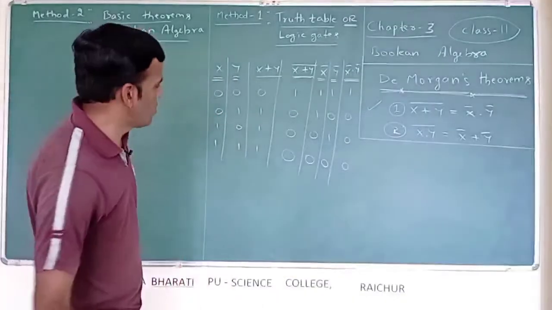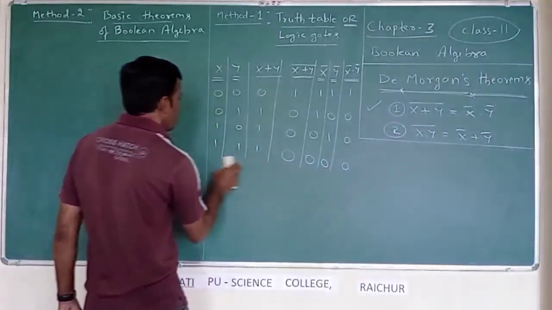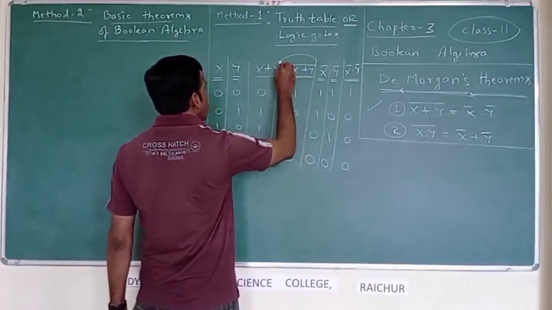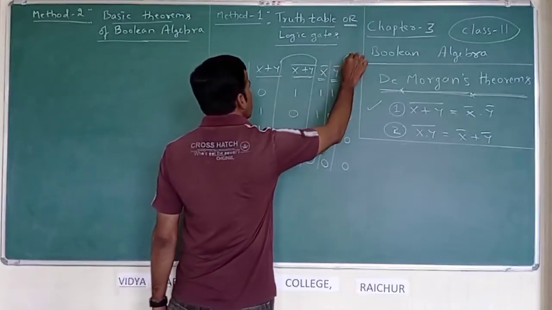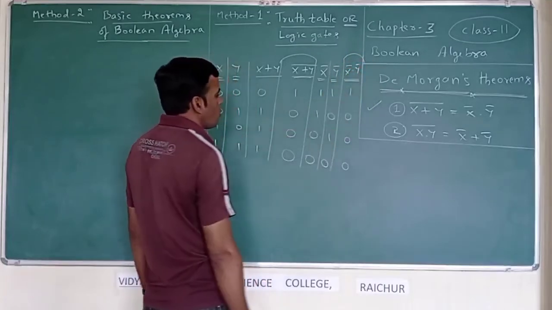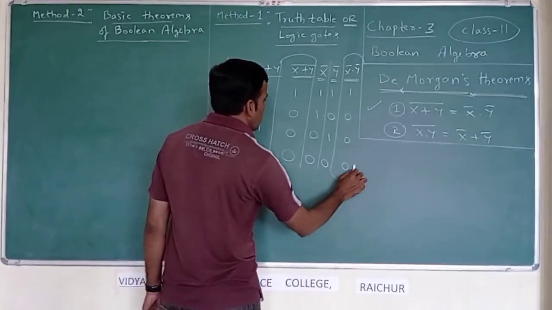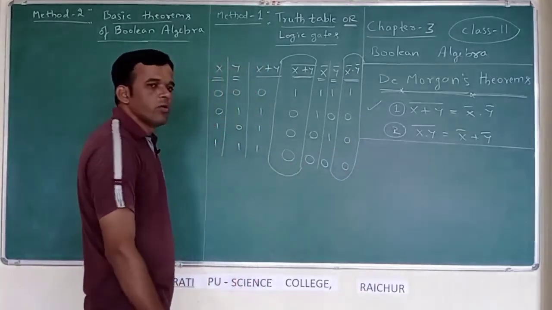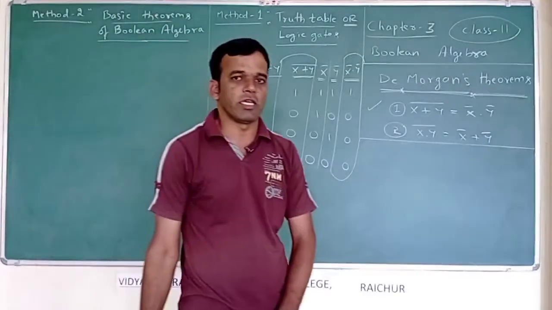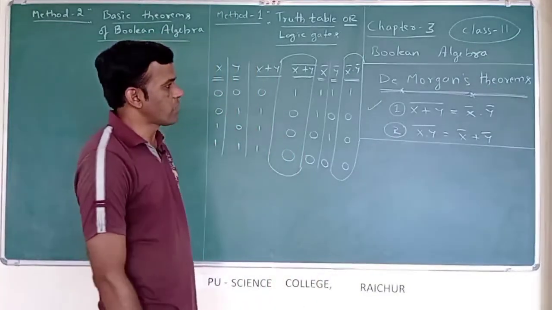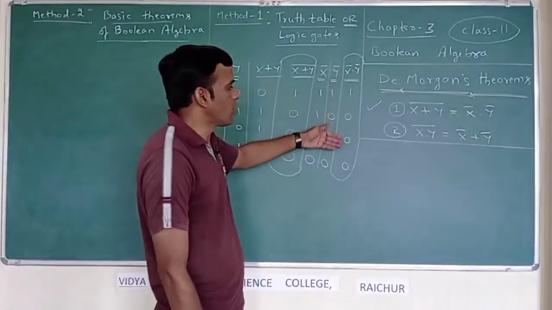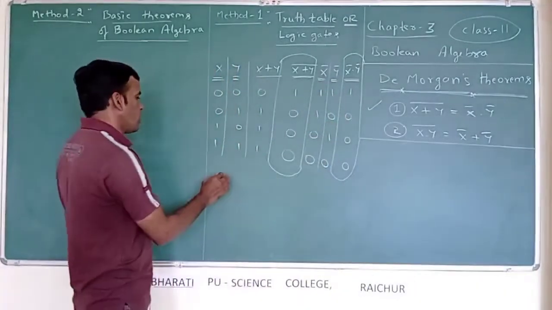Now when you observe these two columns, the x plus y whole bar column and this x bar into y bar column, these two columns are having identical values, hence the theorem: x plus y whole bar equals x bar into y bar. Here 1 0 0, here also we are having 1 0 0. So here we have to write the conclusion.